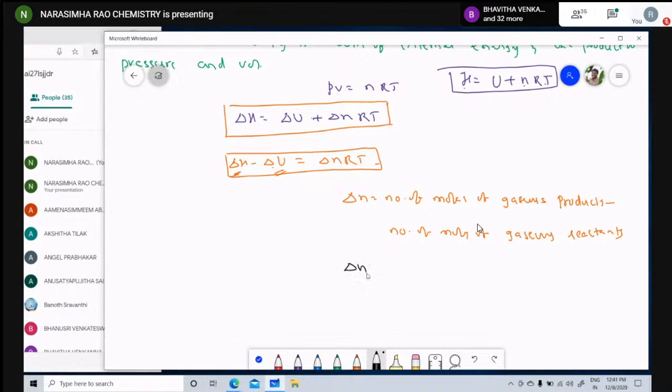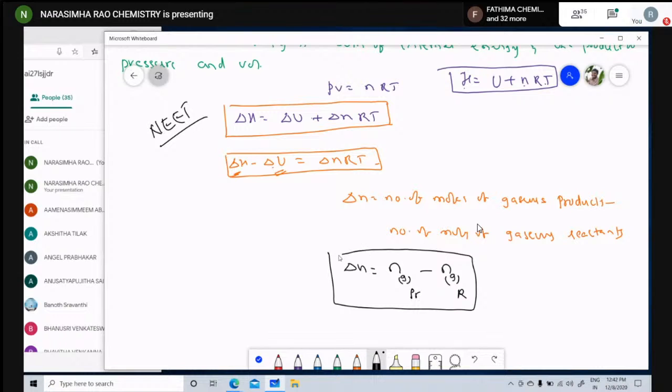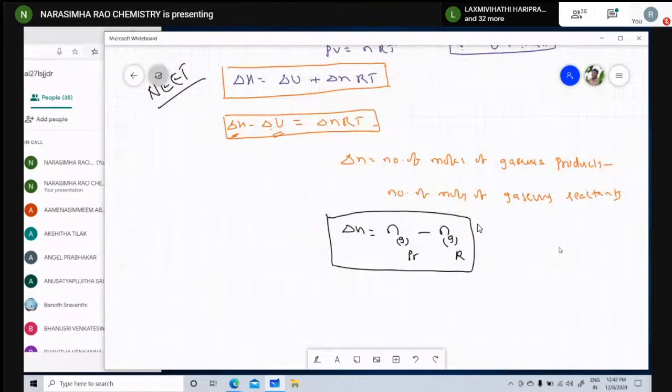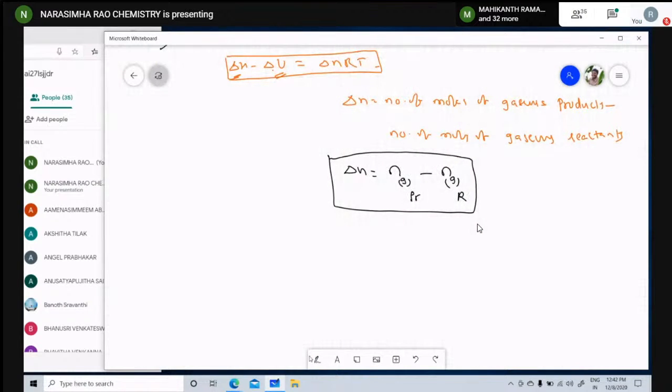Only gases, not solid, not liquid. This difference may or may not equal zero. Based on this concept, we may assess the relation between enthalpy and internal energy. Clear now?